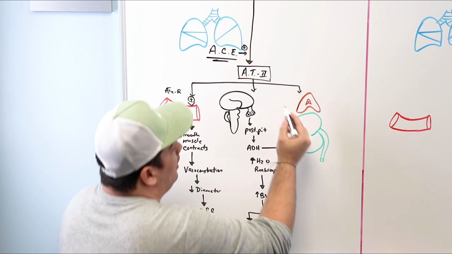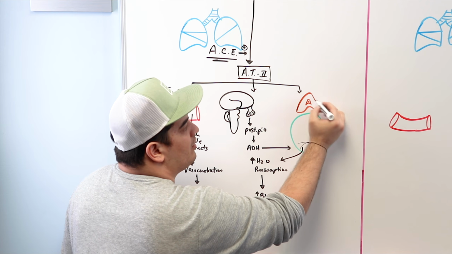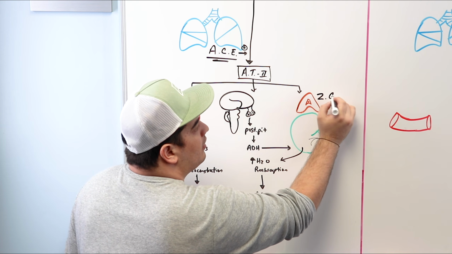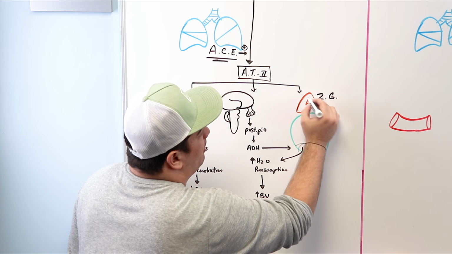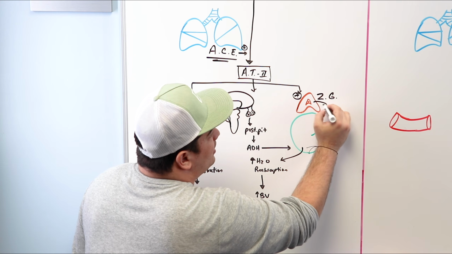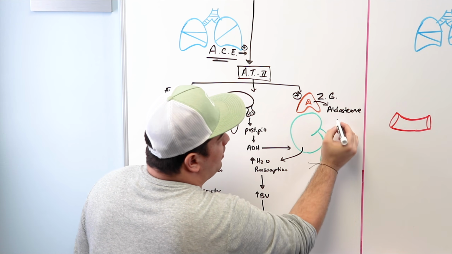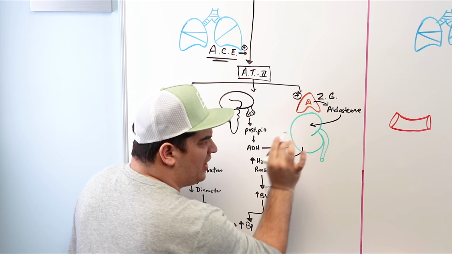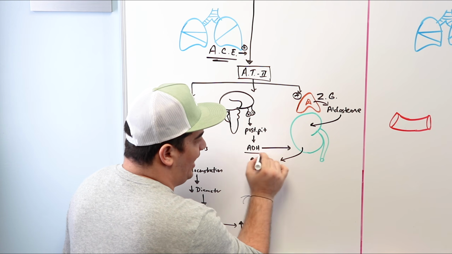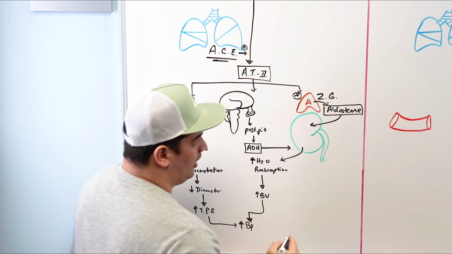The other thing is angiotensin 2 also stimulates specific cells called the zona glomerulosa on the adrenal cortex, to release what's called aldosterone. Aldosterone is a mineralocorticoid. It acts on the kidneys, particularly at the distal convoluted tubule, whereas ADH works at the level of the collecting duct.